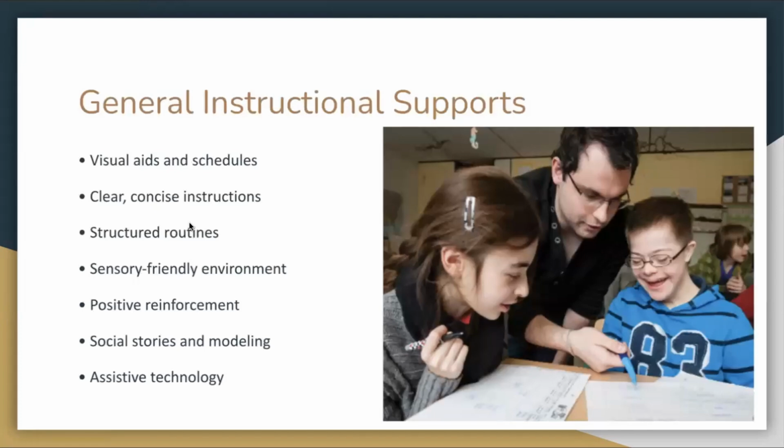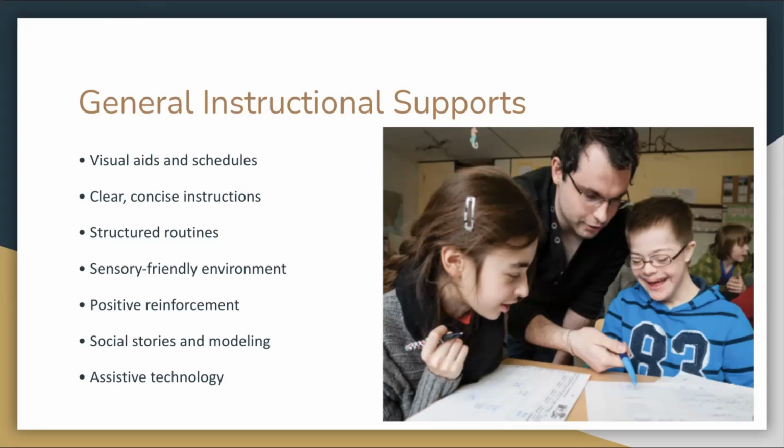So we're going to talk about some general instructional supports. And the first thing on there is visual aids and schedules. I cannot talk about visual aids and schedules enough, especially visual schedules. Well, all of them. I think these are one of the most common factors we see in our really successful programs. And it's also the first thing I notice that's lacking in programs that need to improve a little.